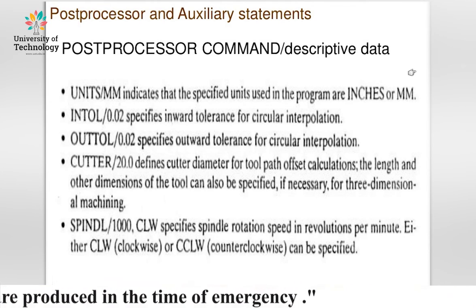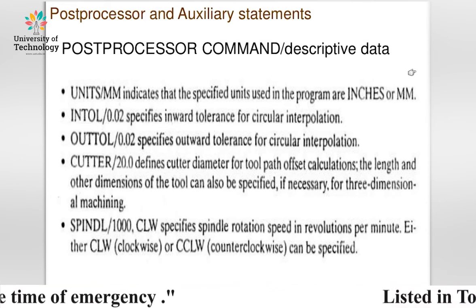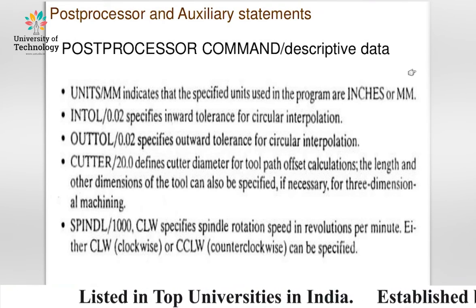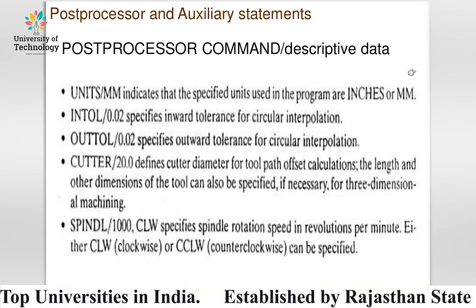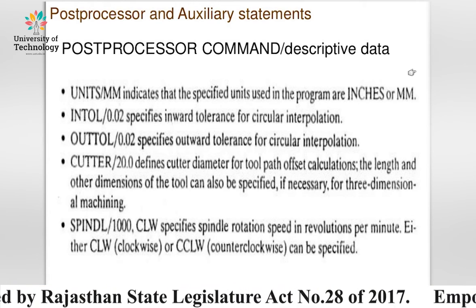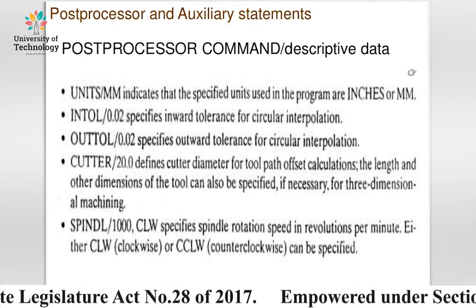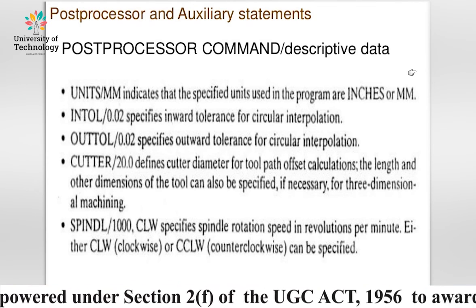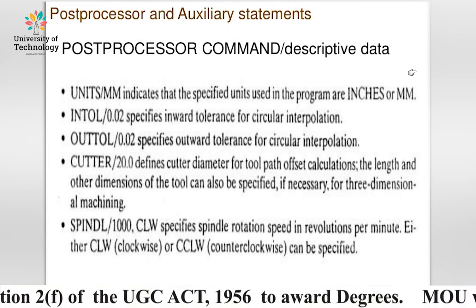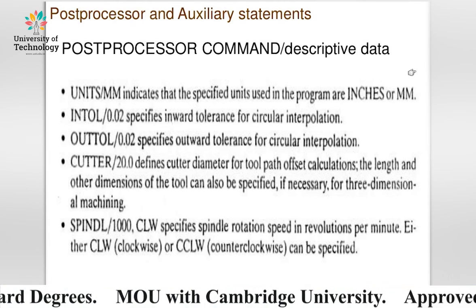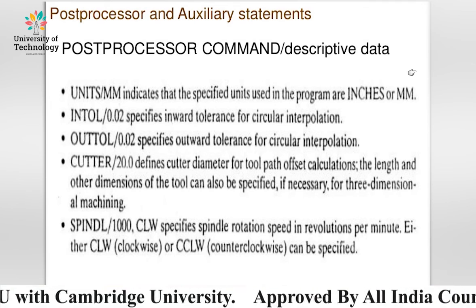OUTTOL, write OUTTOL oblique 0.02, for example, specifies the outward tolerances for circular interpolation. Same thing is CUTTER oblique 20, which defines the cutter diameter for tool path offset calculations. The length and other dimensions of the tool can also be specified if necessary for three-dimensional machining.